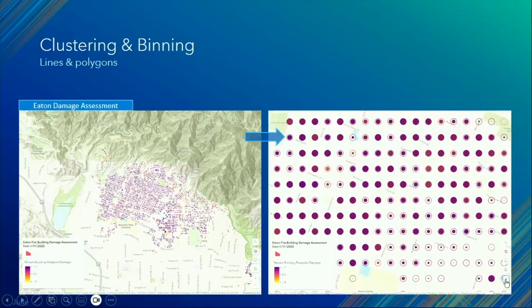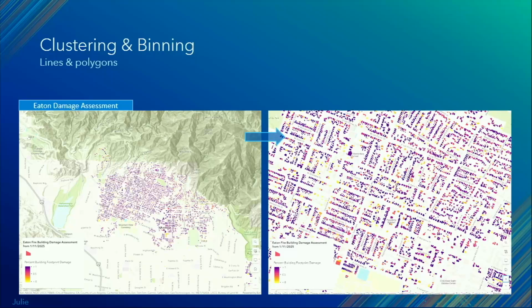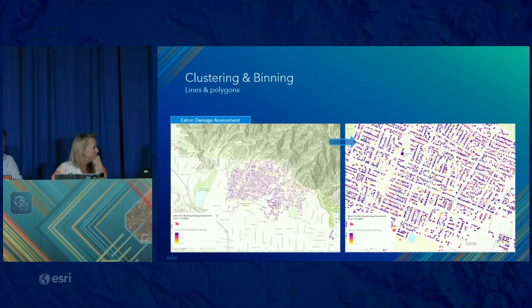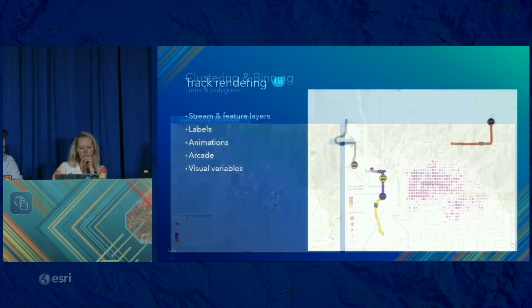And at certain scales, it really doesn't mean anything to someone looking at the map. So it's really great to use aggregation. And then as you zoom in, you can specify when you want the actual feature geometry to be displayed. And this is just in code right now, isn't it? It's not in Map Viewer yet for lines and polygons? Yeah, I think it's just code. Okay, yeah, just code. Coming soon in Map Viewer.